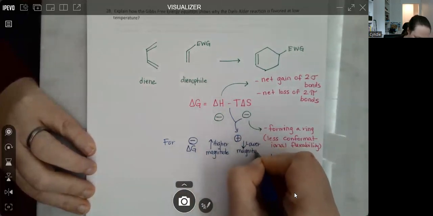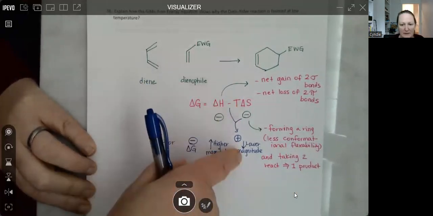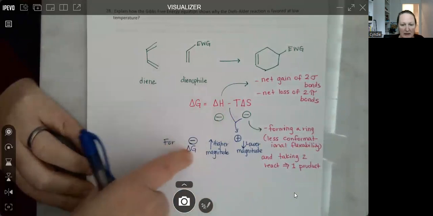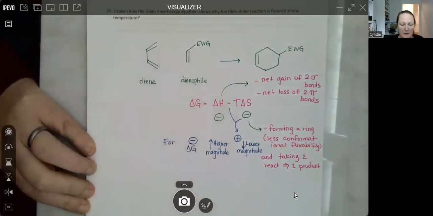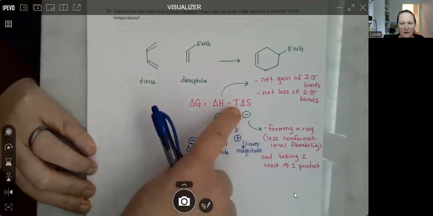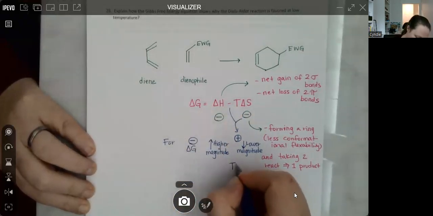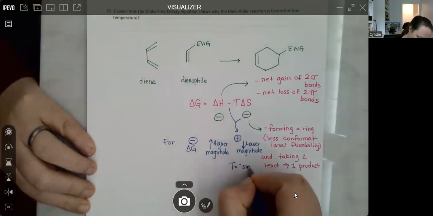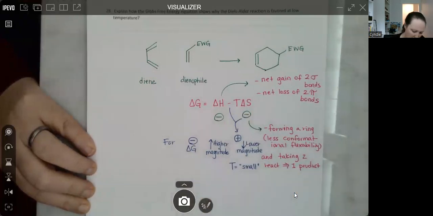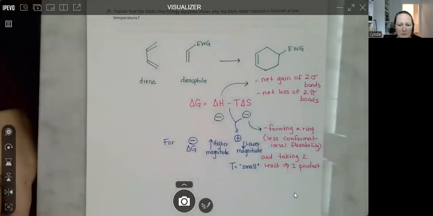So basically you want to have this be a larger negative number than this is a positive number, so that overall it will be negative when you add those together. So we want this to have overall a lower magnitude, which means we want a very small number for temperature, right? So we want T to be, quote, smaller, so that when you multiply it by delta S, overall it's a smaller magnitude, which means lower temperature, right?